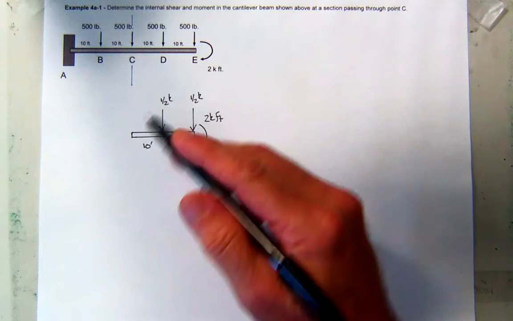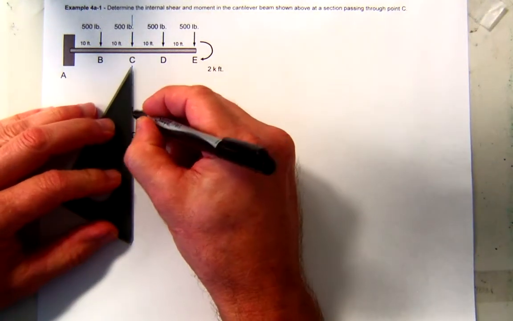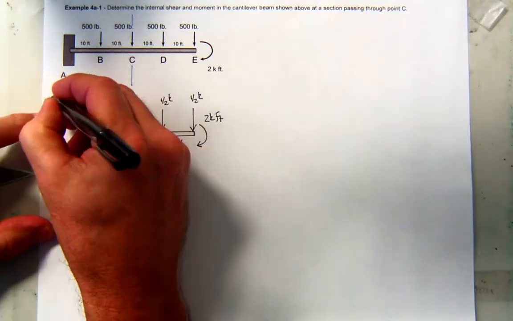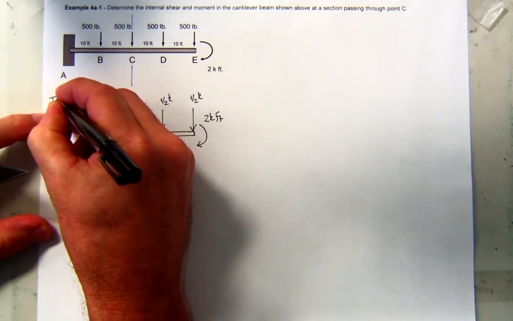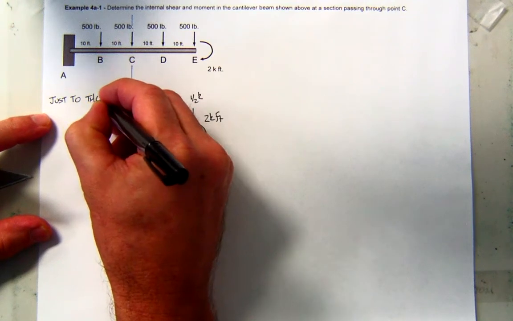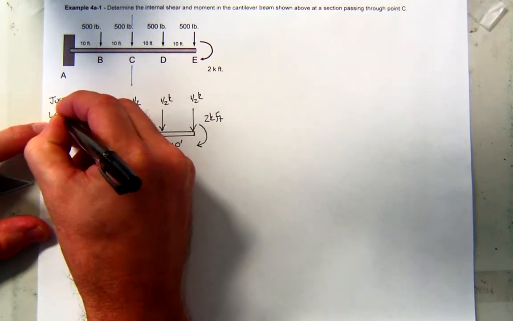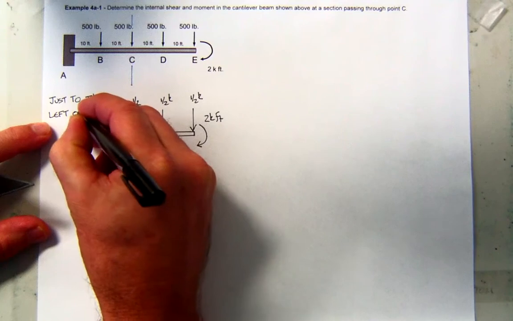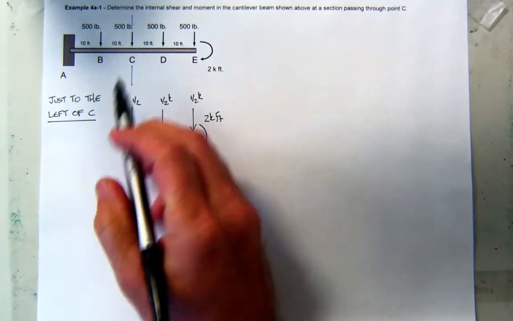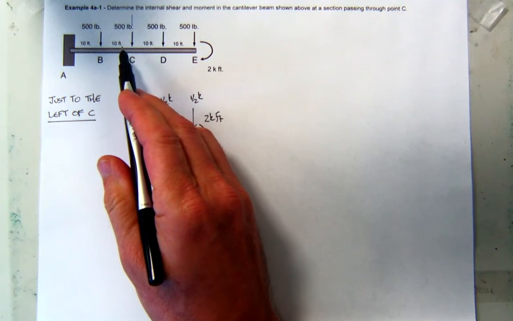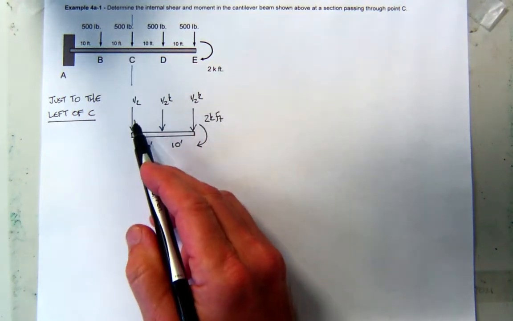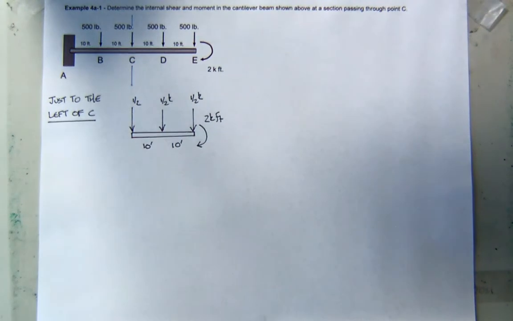So what I'm going to do is include it, and say that I'm not cutting this at C. I'm cutting just to the left of C. So I'm getting as close to the force as I can, but I didn't go past it. So it's just to the left of C.